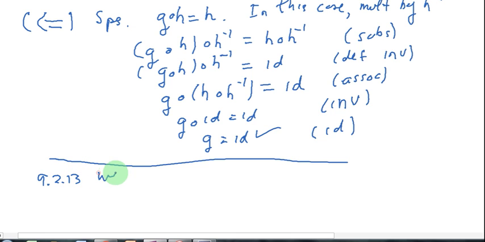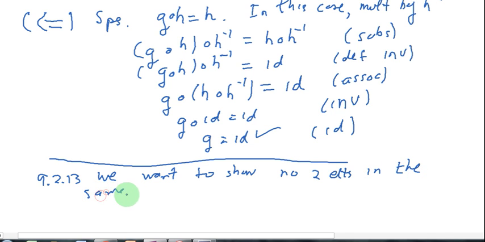So we want to show that no two elements in the same row of a Cayley table are the same.